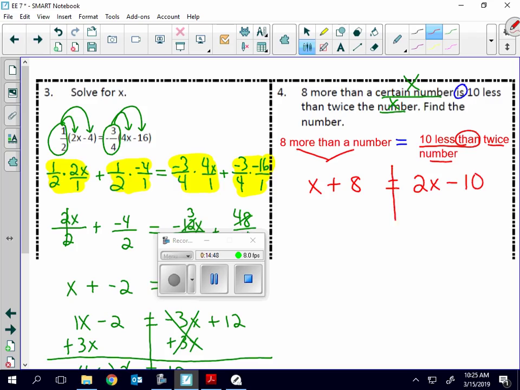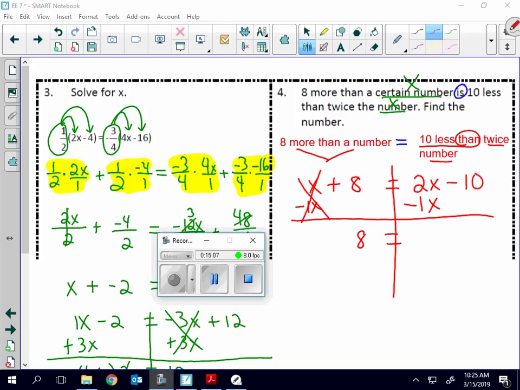Now let's get all the x's to one side. Since they're on both sides, I'm going to subtract this 1x here, subtract 1x over here as well. No more x's left on the left side. 8 will equal 2x minus 1x is just 1x minus 10.